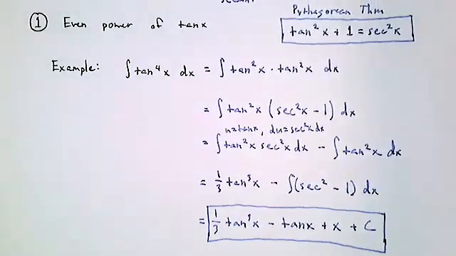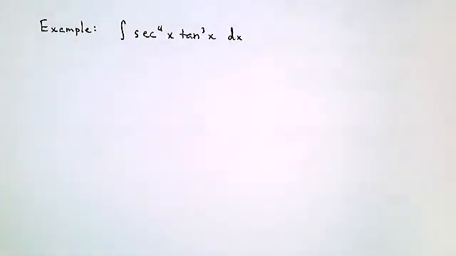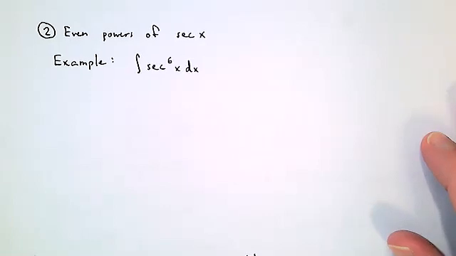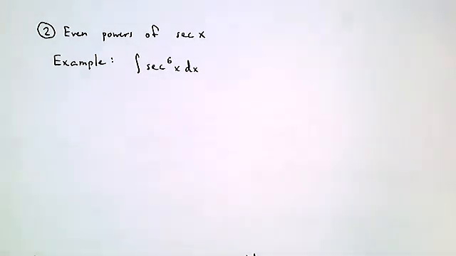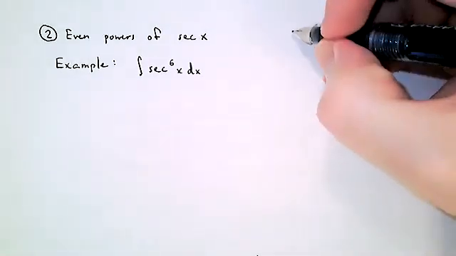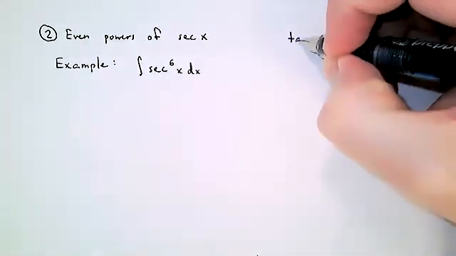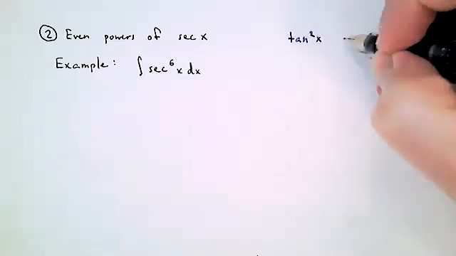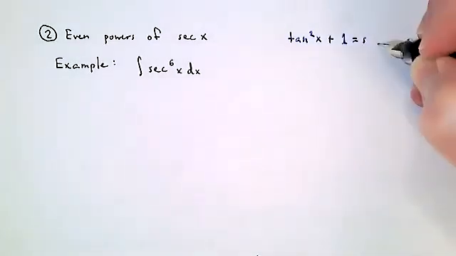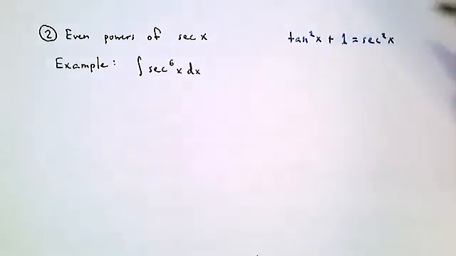Okay. So let's see what happens when we have even powers of secant. Well, you might expect we're going to do something similar, and we are. Maybe I'll write down the formula again, that we're using: tan squared of x plus 1 equals secant squared of x.